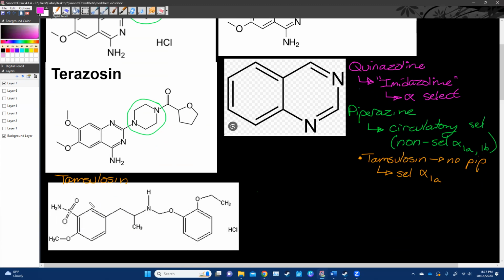So we have our phenyl group, our ethyl, and our amine. So tamsulosin, not a quinazoline, which is like an imidazoline, goes back to the phenylethylamine backbone. Just to make it confusing, right?